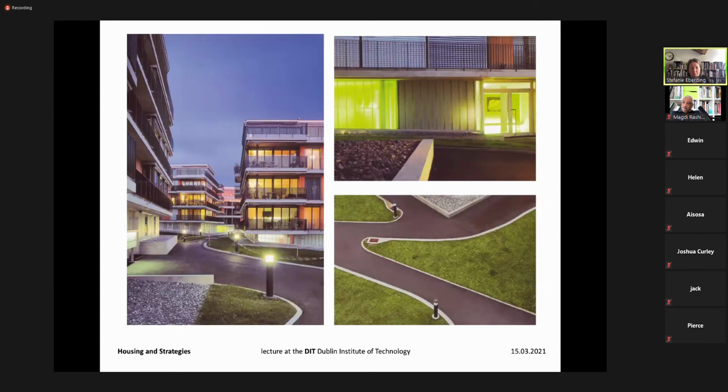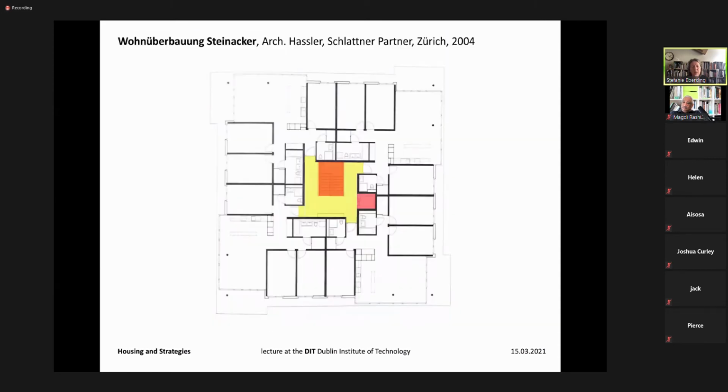Like a view from the entrance level, how the five buildings are connected on the ground level. And here is the floor plan with the central staircase in the middle. And what is really smart, that you have the central staircase, and then you have a ring of side rooms around the central staircase, the central vertical circulation.